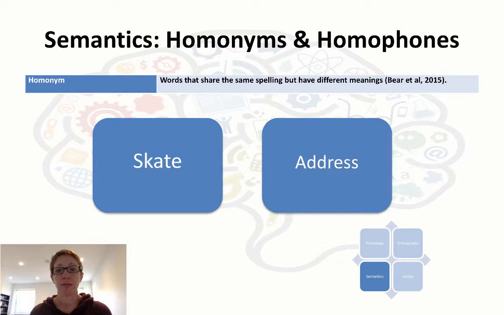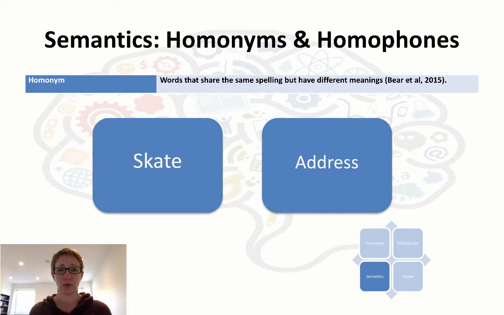All right, so homonyms and homophones. We'll start with homonym. These are words that share the same spelling but have different meanings. And that can be a little confusing because that's essentially the definition of polysemous words. But remember that those polysemous words have to also originate from the same root.